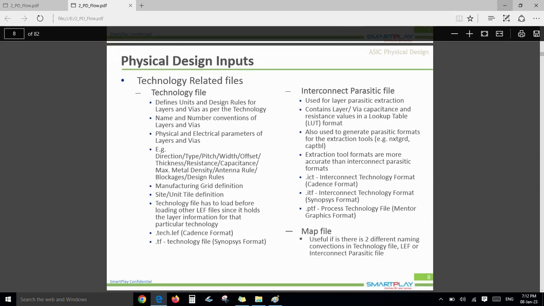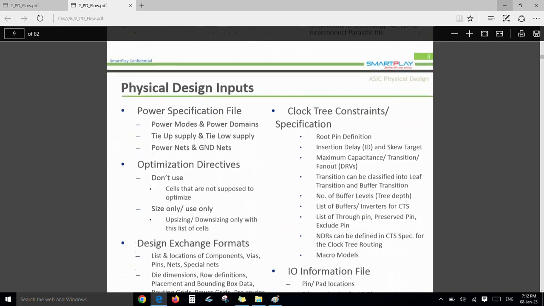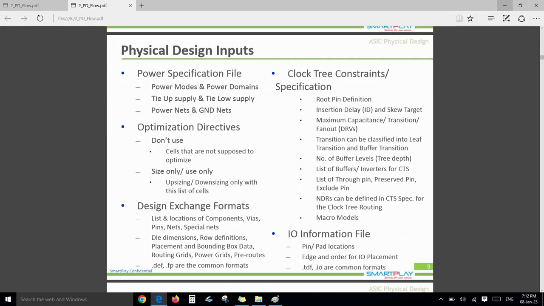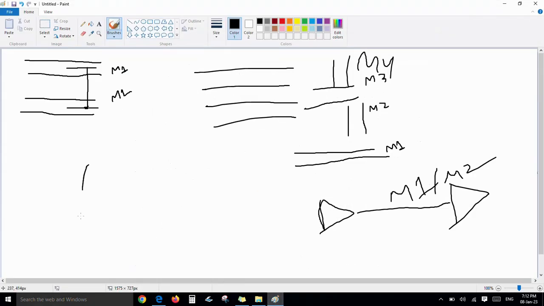So this will map the files. And the power spec file, there will be low power mode and different types of modes, like we can't say which domain. So let us consider this is my chip.